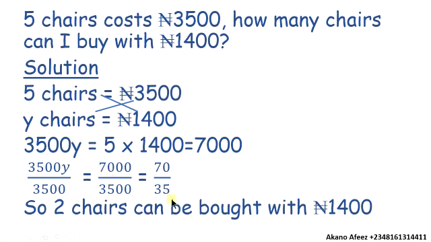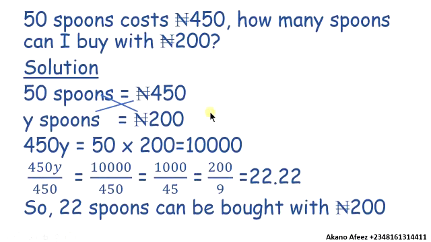If we divide this completely, we have 2. That means our y equals 2. Don't forget, y represents the number of chairs, that is 2 chairs. That means 2 chairs can be bought with 1,400 naira.